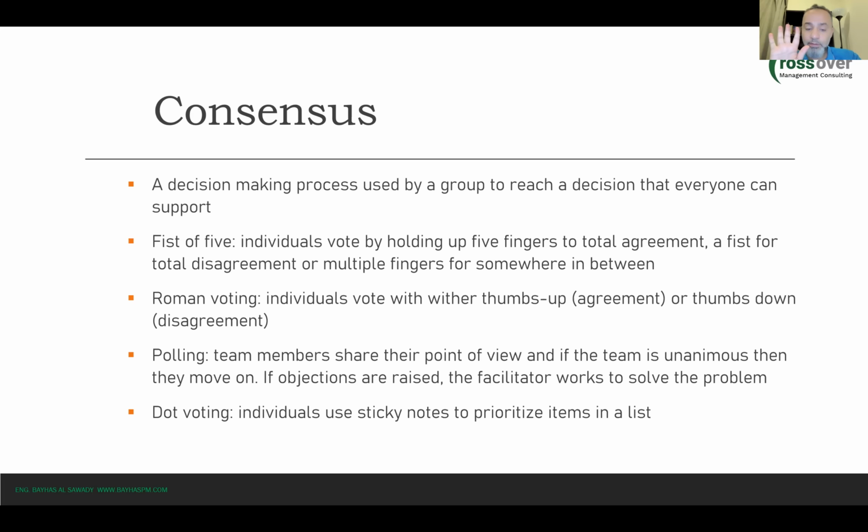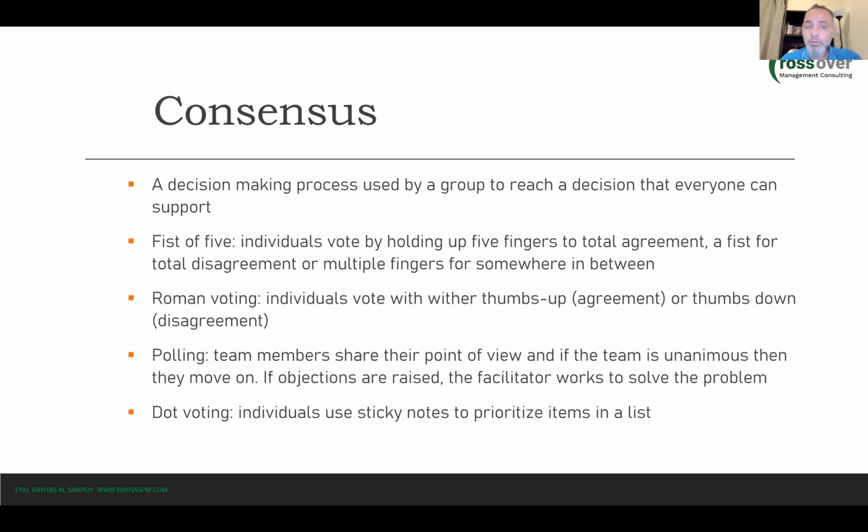So if you vote by 5, you strongly agree. You 100% agree that this user story has the size of 13. But if you make this the fist, then basically you completely disagree, okay? And it depends on how many fingers you raise, okay, to agree or to disagree with the decision that we are discussing here.